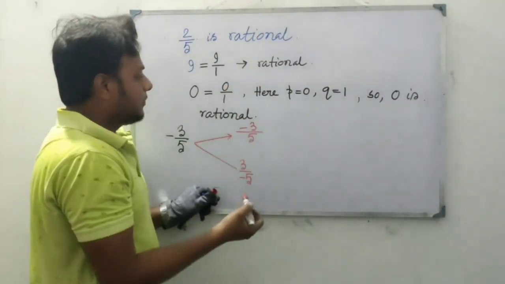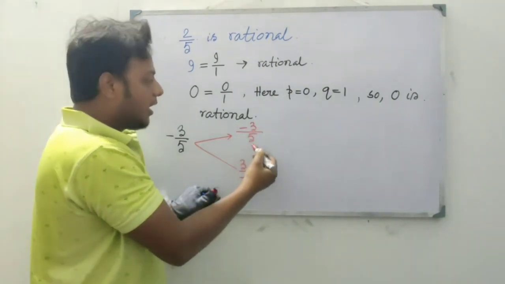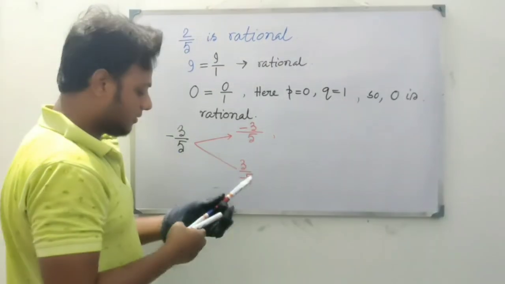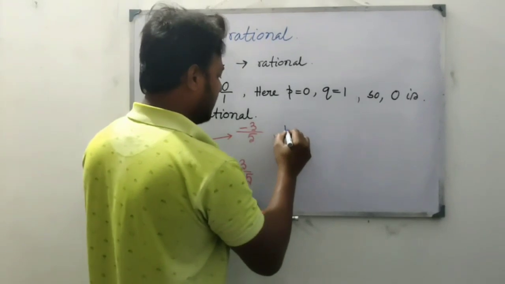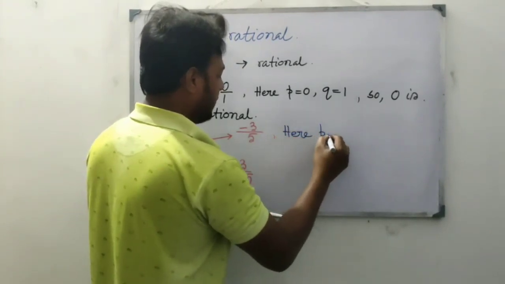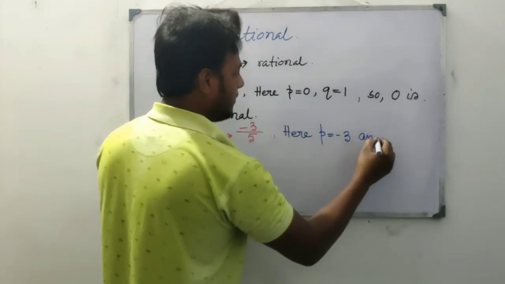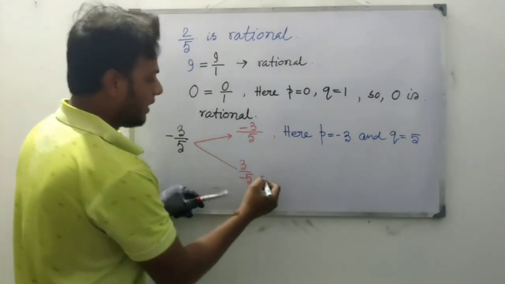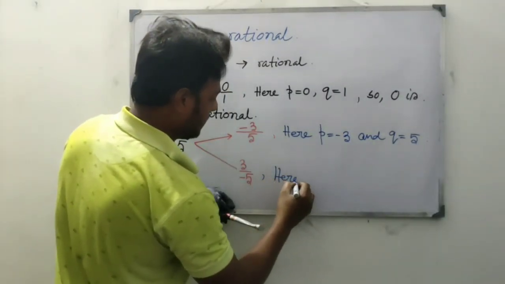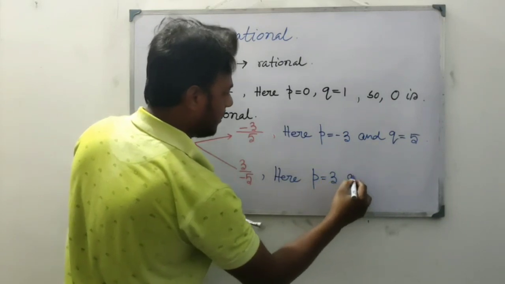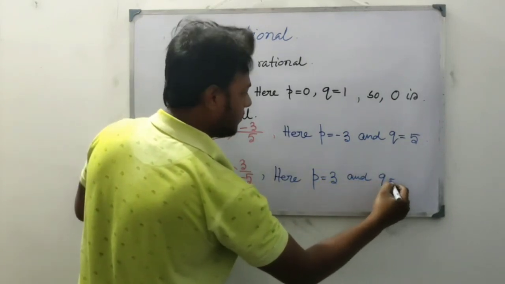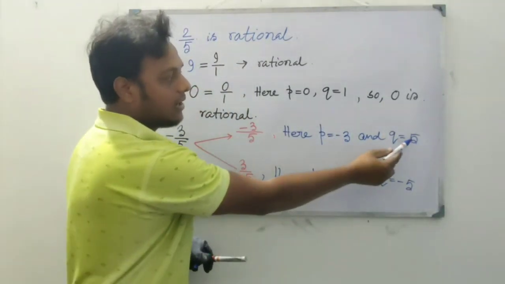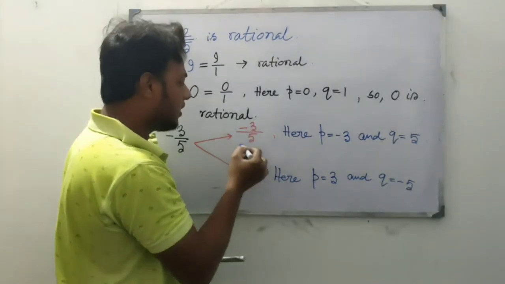Okay, so we can express the number into the form p by q. Here for the first case p equals to minus 3 and q equals to 5. And here p equals to 3 and q equals to minus 5. Clearly for the first case minus 3 is an integer, 5 is also an integer. So this is a rational number.